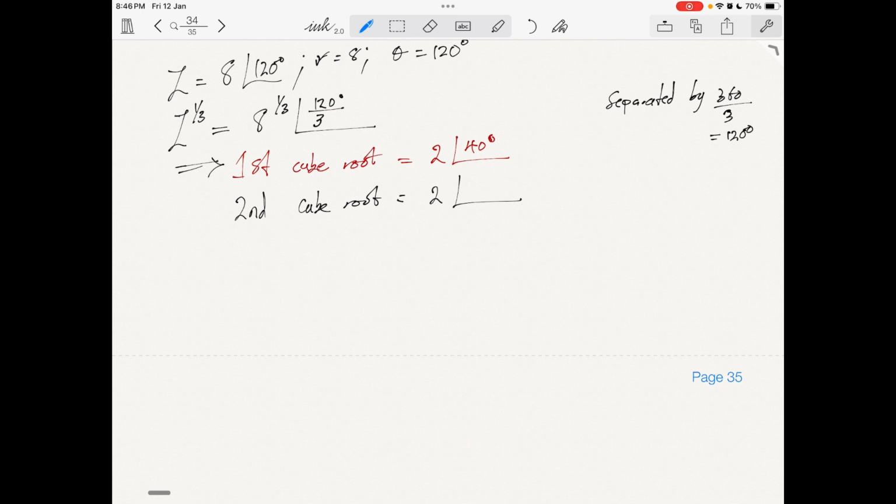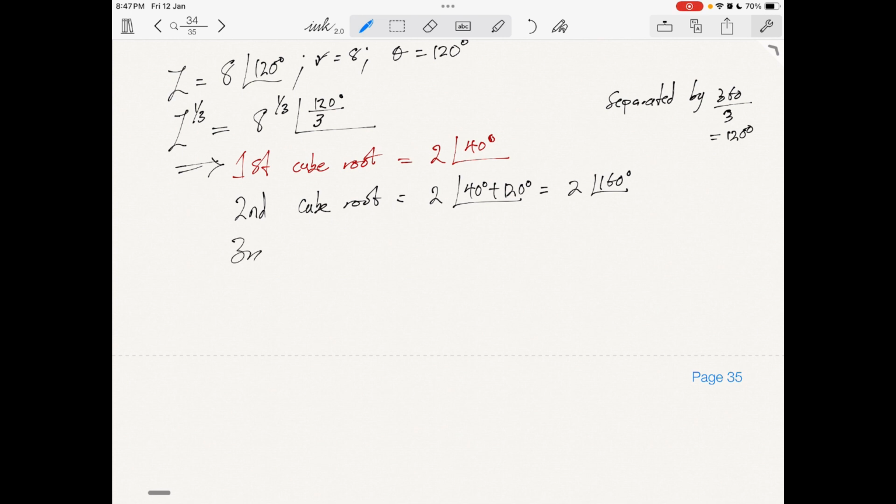The second cube root will be 2 argument 40 degrees plus 120 degrees, which gives us 2 argument 160 degrees, and the third cube root is separated from the second cube root also by 120 degrees.